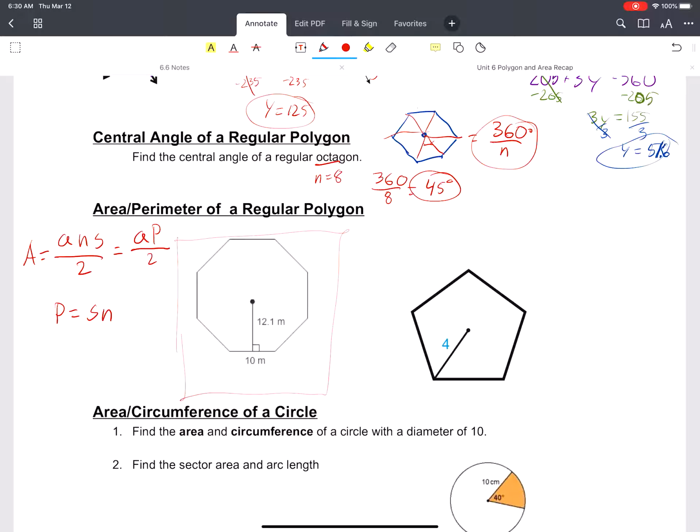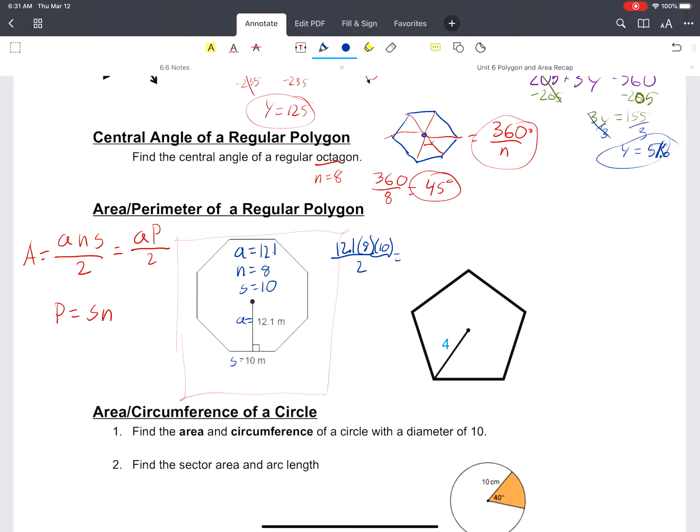Taking a look at our octagon here, our apothem is 12.1. Our number of sides, since it's the octagon, is 8, and our side length is 10. So if I plug these all in, I'd have 12.1 times 8 times 10 divided by 2.